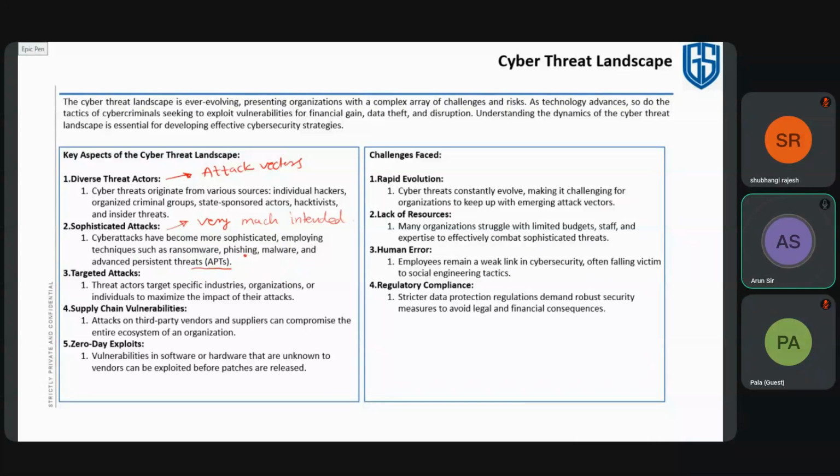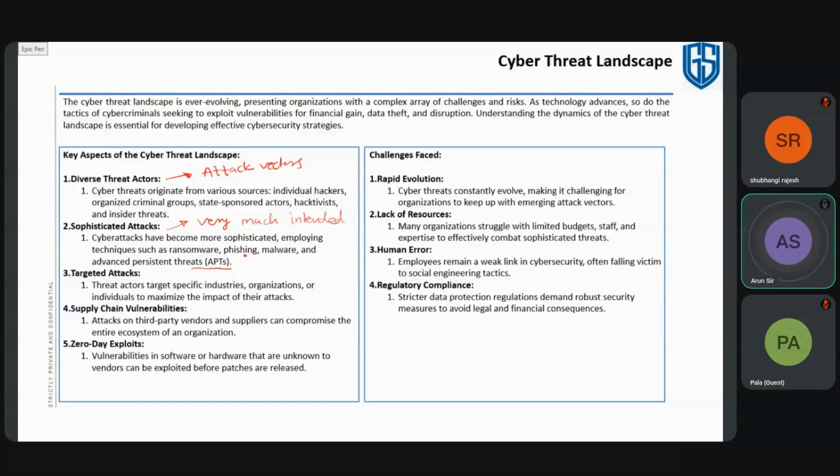And above all, there is APT. APT is advanced persistent threats. Do you know what APT is? They are different bodies, sometimes even backed by various governments, and they launch sophisticated attacks on other countries.